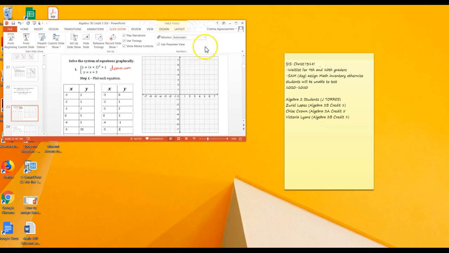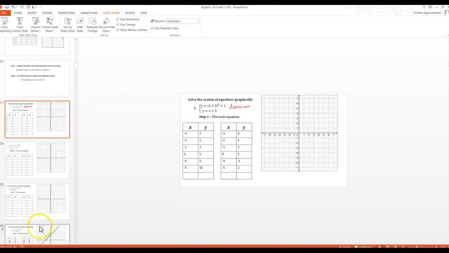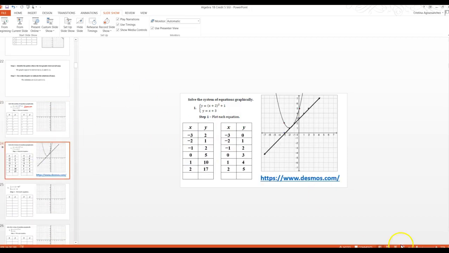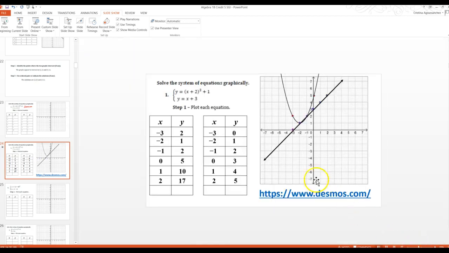Let's see what that looks like as a graph. I recorded some of those values down for number 1, but we can see what the finished product looks like here. Oh, that's a little bit too big. You do see that they cross at negative 2, 1, and they also cross at negative 1, 2. So those would be solutions for our problem.